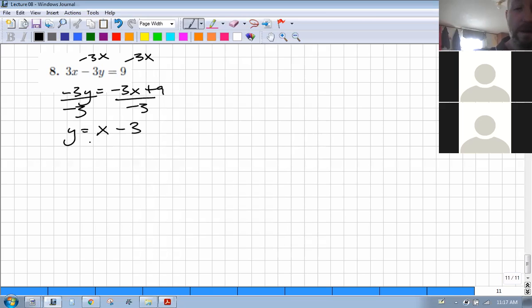So notice here our m, there's nothing in front of the x, right? That means our m is 1. There is a 1 there. We just don't ever write it. So that's a tricky one. The m is a number you don't see. It's the number 1. This is 1x. And our b here is negative 3.